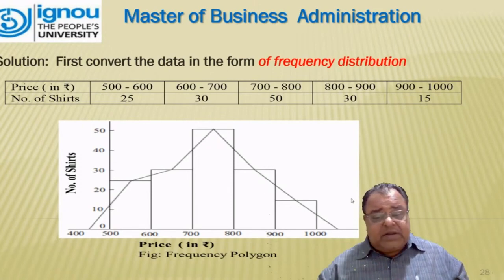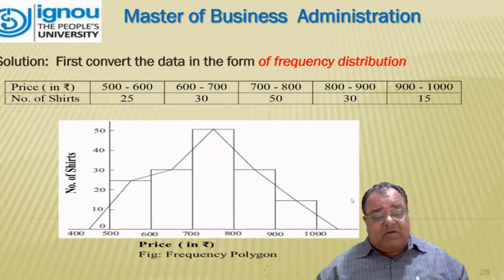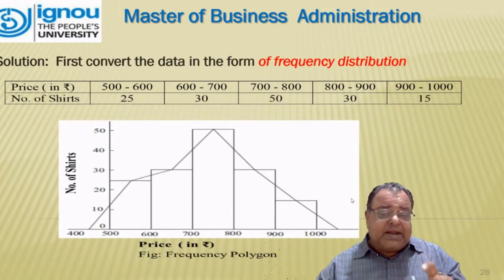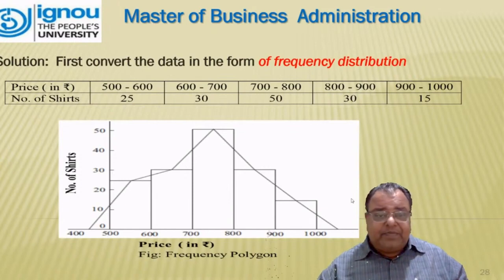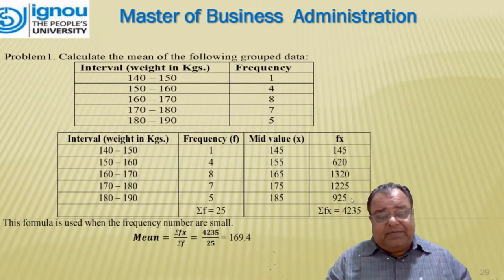Similarly, we will complete this line. These are all straight lines, and we have to extend this line to the x-axis. So this line, drawn by joining the center points of the bars, is the frequency polygon.